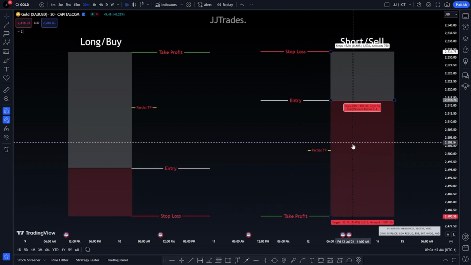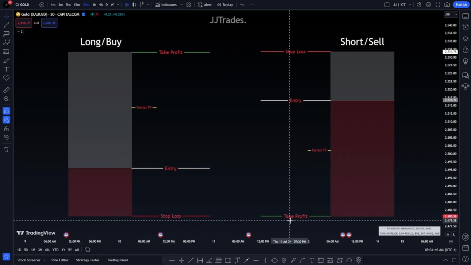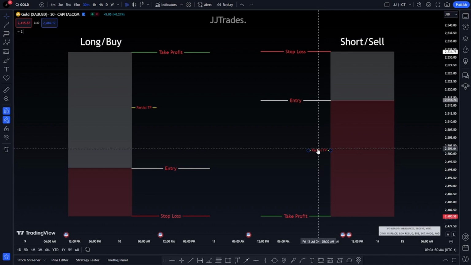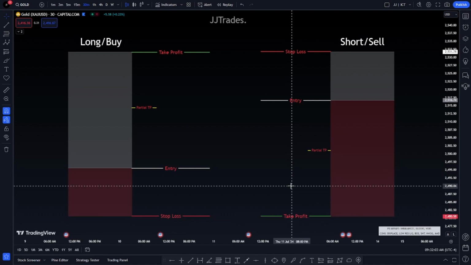What that means is that this partial is going to close $100, so you secure $100 with the partial, and then your take profit is going to secure the other $100, which makes it a full closure or a full security.